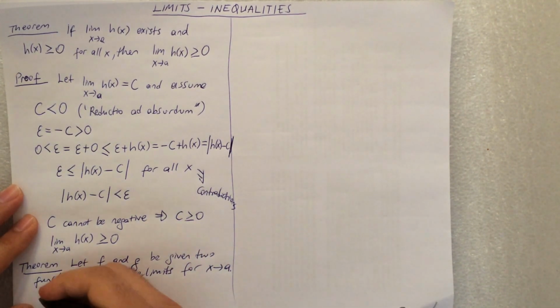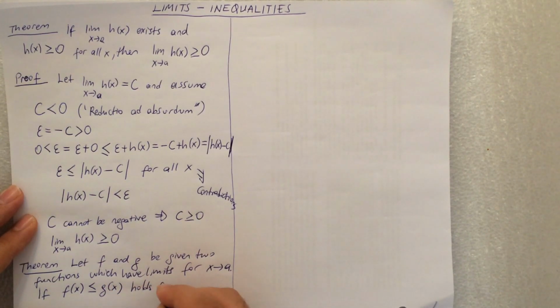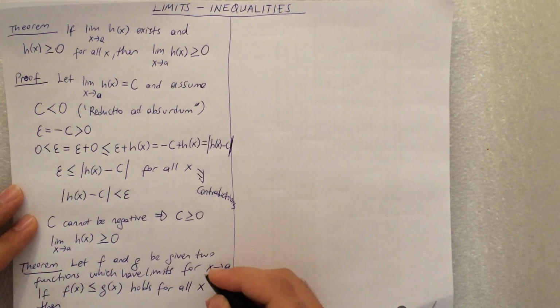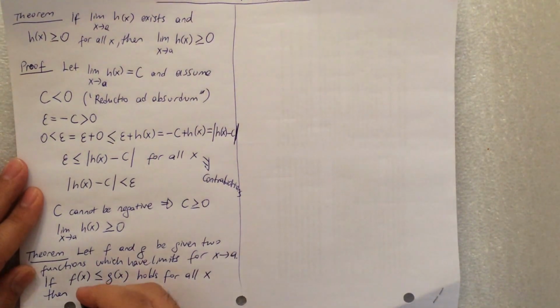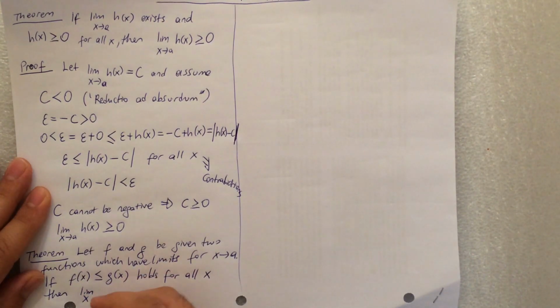Now the statement comes: if f(x) is less than or equal to g(x) holds for all x, then the limit as x goes to a of f(x) is less than or equal to the limit of g(x) as x goes to a.